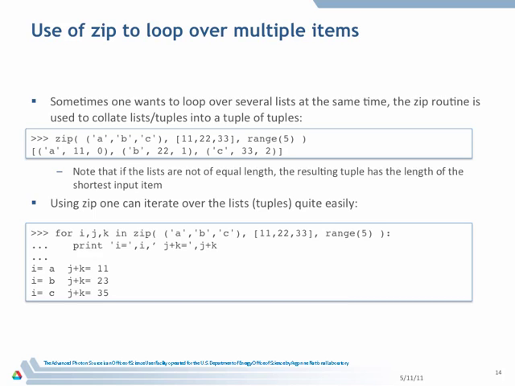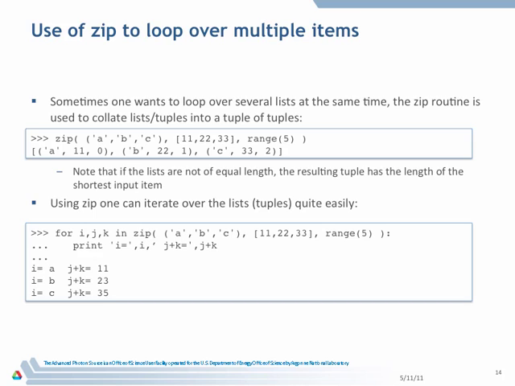I want to send one variable to one thing and another variable to another. So I want to get A first, and 11, and the first element in range, which is 0. And then I want to get B and 22 and the second element in my range, and then the third element in my range. How do I do that?